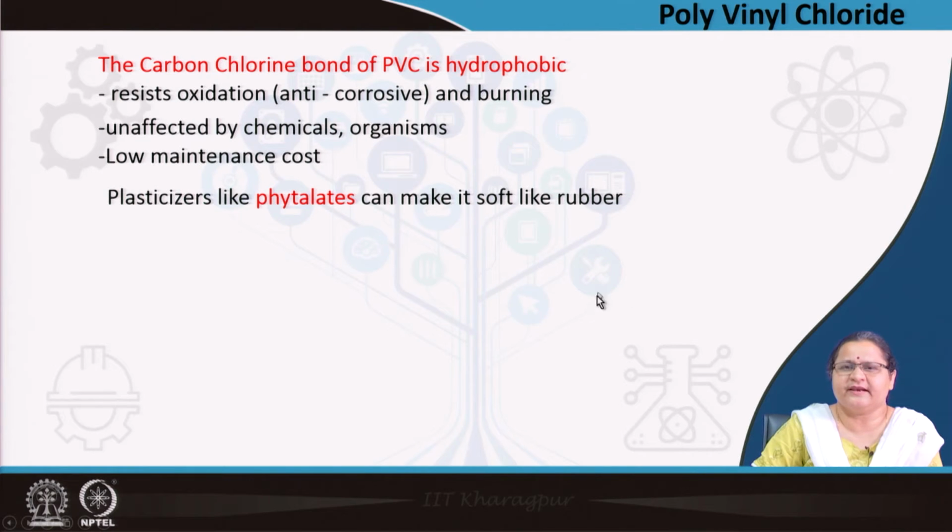Now, PVC is very hard and rigid when it is considered alone or when it is considered as the binder, but it is the phthalates which act as the plasticizer and keep PVC very soft like rubber and help it in getting in sheet form, which can be further rolled into pipe form, can be molded into any profile.